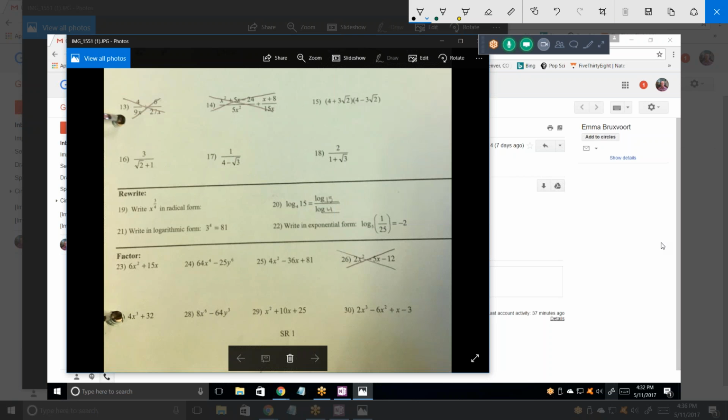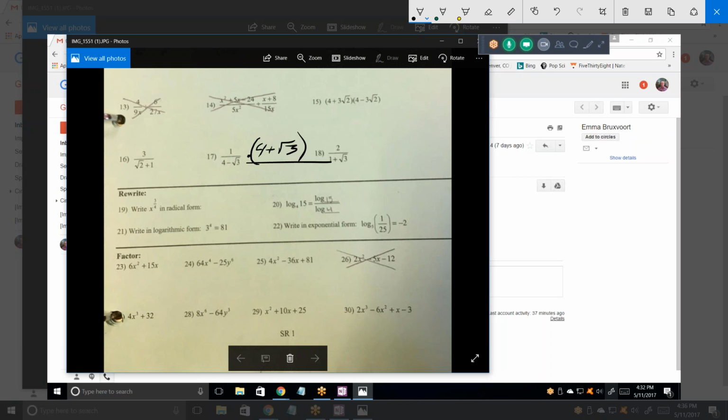Now let's do the second one, 17. Tell me what to write. So on the top and the bottom, you write 4 plus root 3, in parentheses.